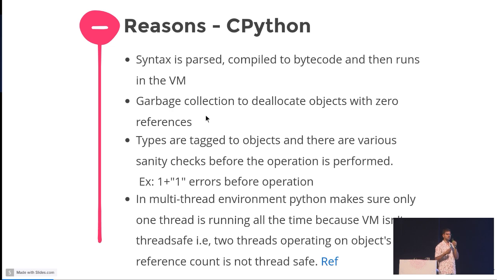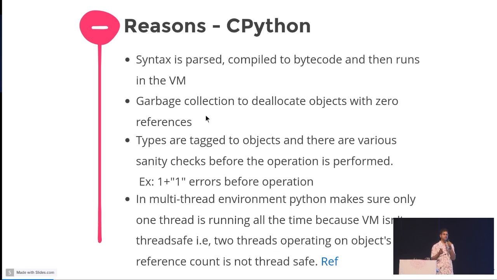And then there is a type check that Python performs before it executes. For example, if you're adding an integer with a string, it checks what types are being used, and before even performing the operation, if the types are incompatible, it errors out.